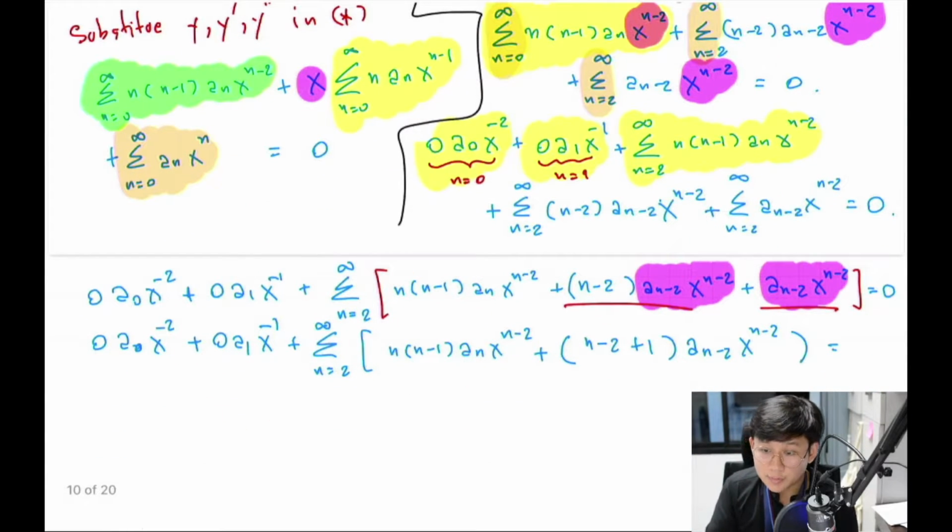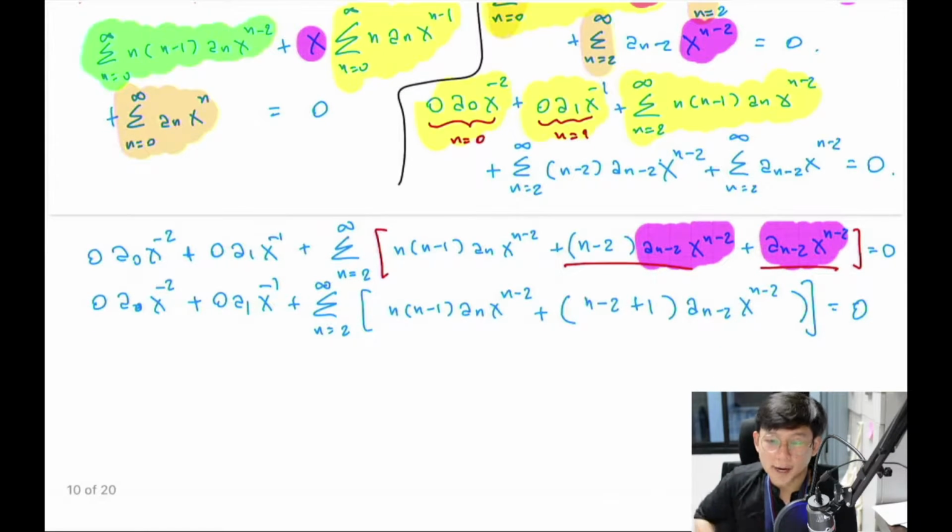x^{n-2} equals 0. And then I can pull x^{n-2} out.